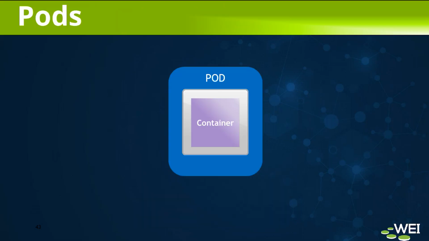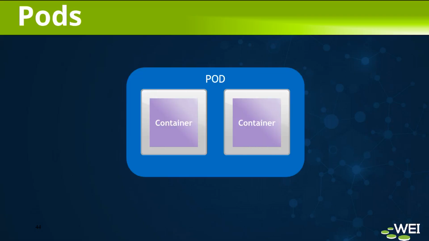Pods in Kubernetes are the smallest deployable unit of computing that you can create and manage in Kubernetes. We can think of a pod as a wrapper around a container. And Kubernetes will manage the pod rather than managing the container directly. If we wanted to, we could even create a pod with multiple containers inside of it.